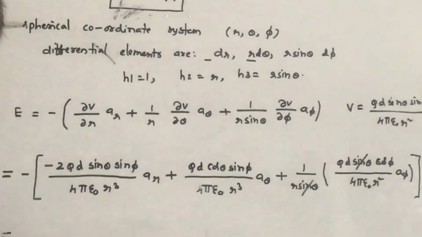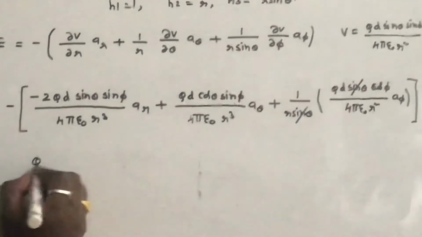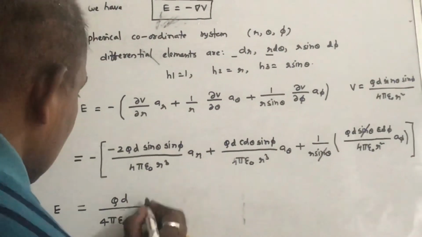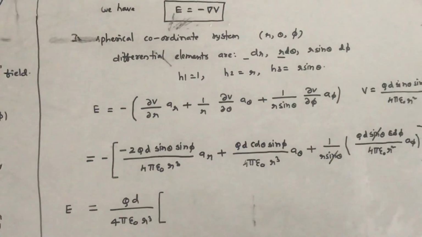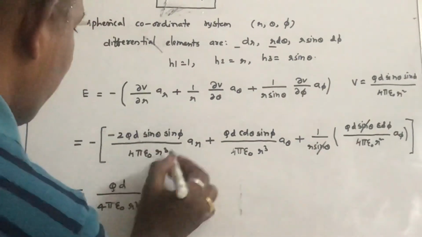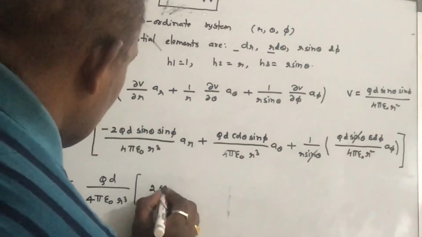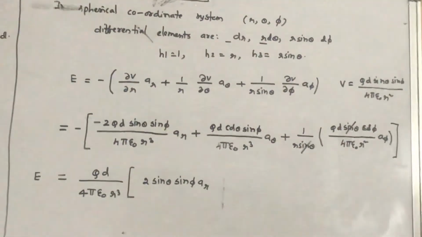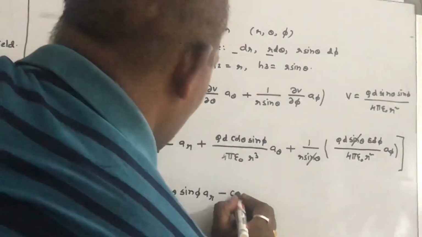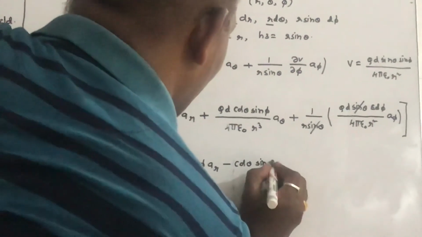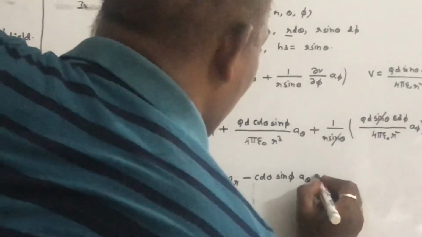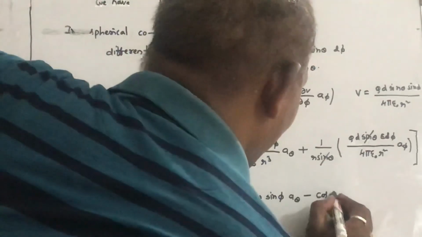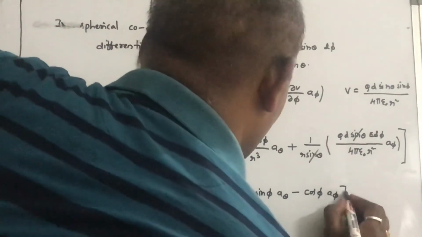From this you can take Qd by 4 pi epsilon naught r cube as common. Multiply the minus sign inside. So taking this factor, it will come out as 2 sin theta sin phi a_r minus cos theta sin phi a_theta minus cos phi a_phi.